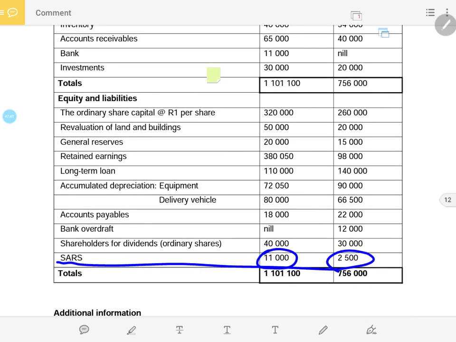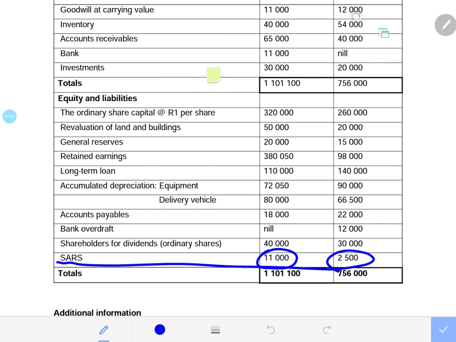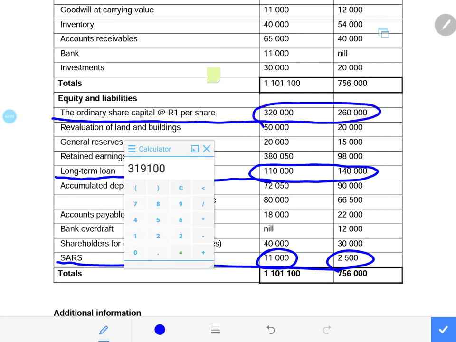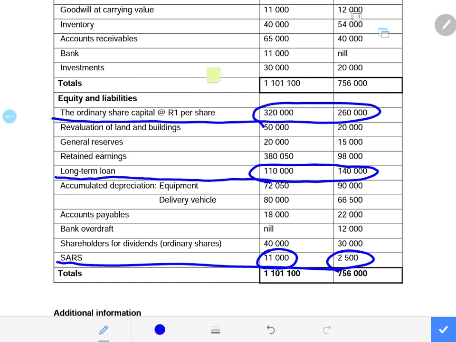So now we look at the equity and liability section. We look for the long-term loan. There we can see there's a difference. The ordinary share capital, we had shares that amounted to 260 and they increased to 320. 260 minus 320, that means we issued more shares, and people bought our shares.